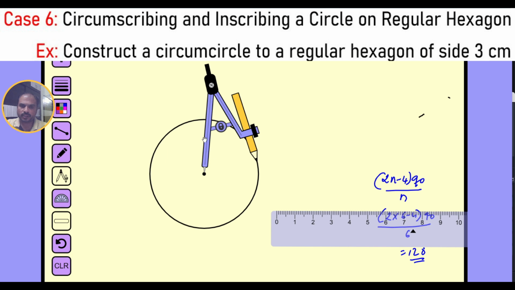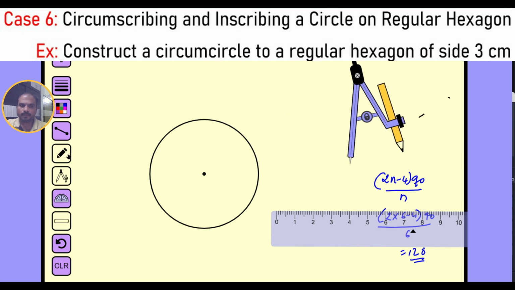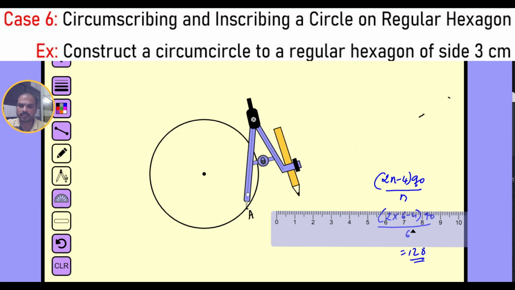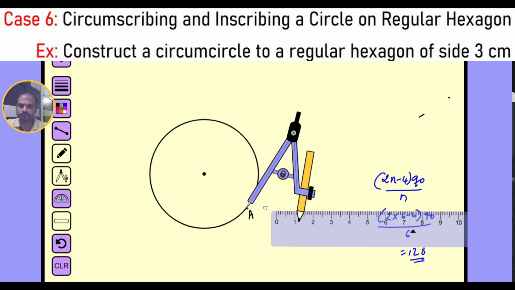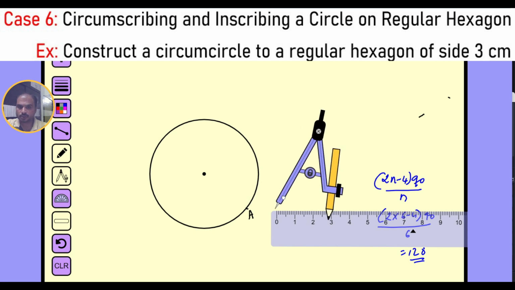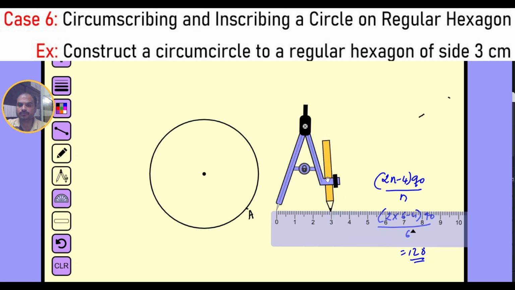Choose any point on the circumcircle. I'll choose a point A. Here keep the sharp edge, where your compass measures 3 centimeter. Obviously cross check whether it is measuring exactly 3 centimeter or not.